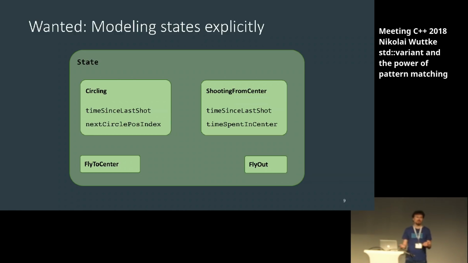Is there some way we can model the state machine in our code in a way that these impossible states are impossible to represent? One way we could do it is by having objects represent our states. So the circling state would be an object, and it would have all the variables that are relevant for the state, and then same for shooting from center, and then for these other ones.